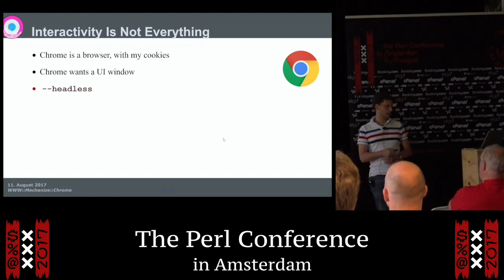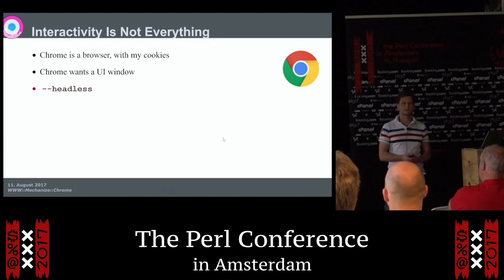And that's when, I think 5 or 6 months ago, Google announced that they now have a headless version of Chrome. That means Chrome as a program does not open any user interface window or anything, and theoretically can run from a cron job if you pass it the magic headless command line parameter. To which I said, yay, now I can have the best of both worlds.